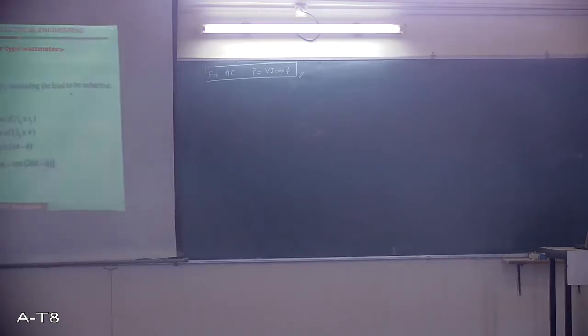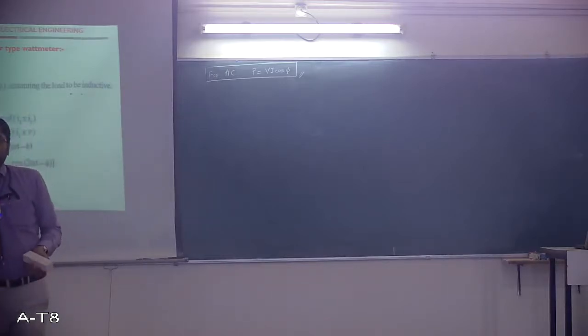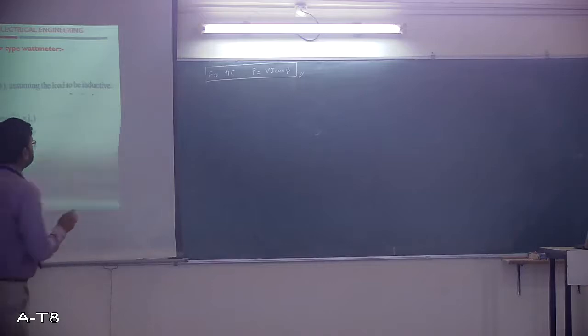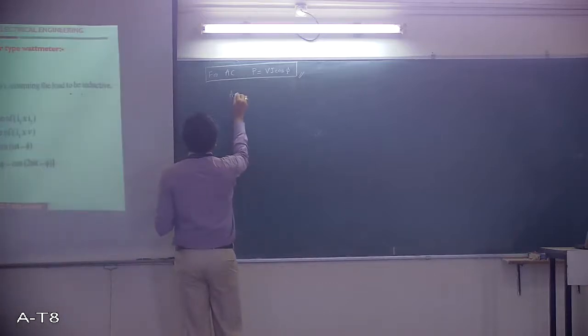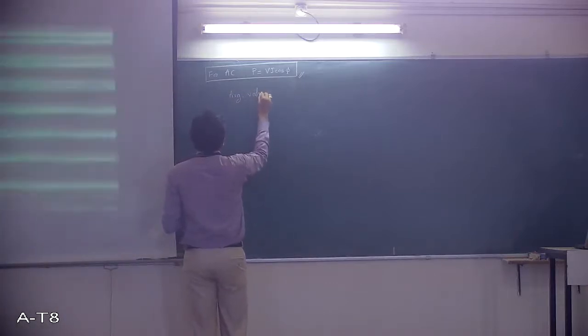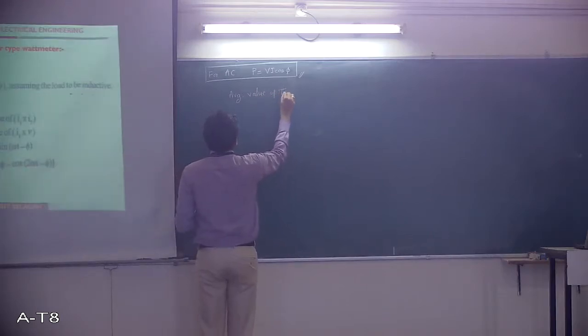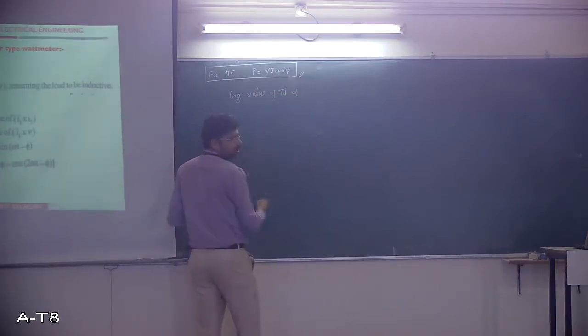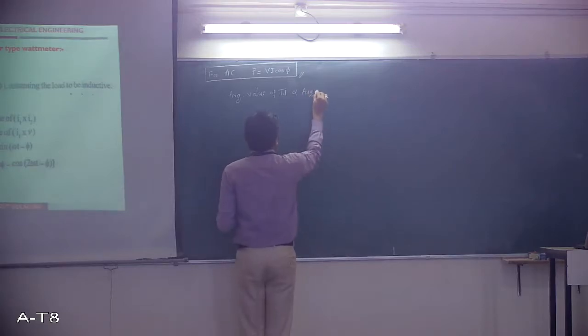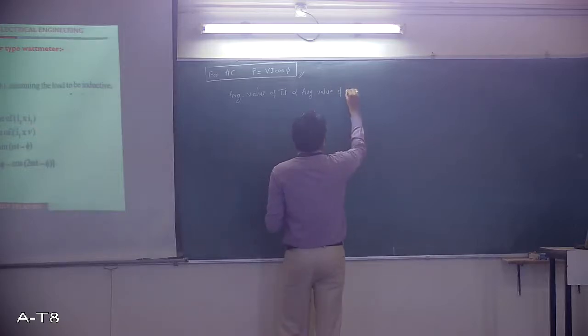So this is the average value of the product of I1 and I2. Why I1 and I2? Because I1 is the current flowing through your current coil, I2 is the current flowing through your potential coil. So let me write this. The average value of deflecting torque TD is proportional to the average value of the product of I1 into I2.